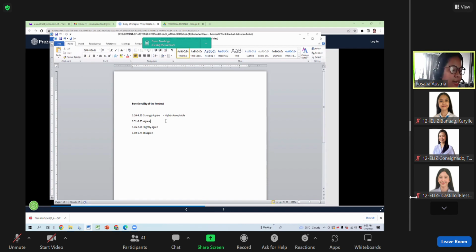So here, what comes next after agree? If that is highly acceptable, then probably agree is very acceptable. Even if it is not equal, very acceptable. And then, when we say slightly agree, what is slightly agree? It does not seem very acceptable, but also not unacceptable. Can you think of another verbal interpretation for that?